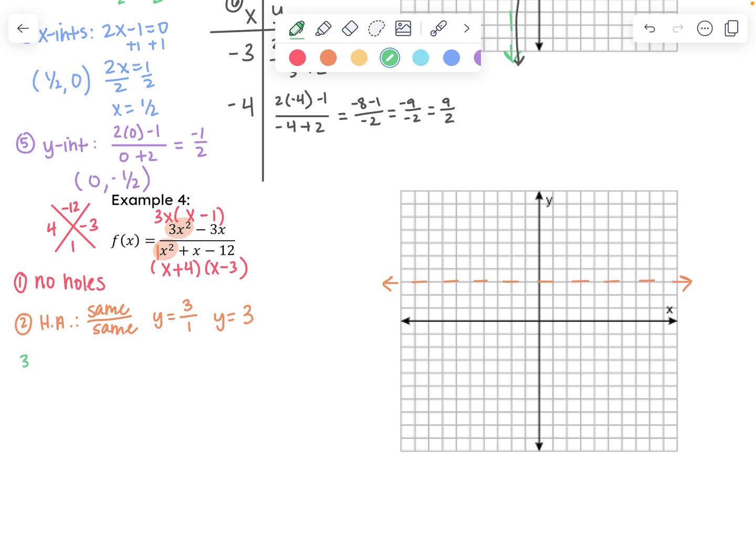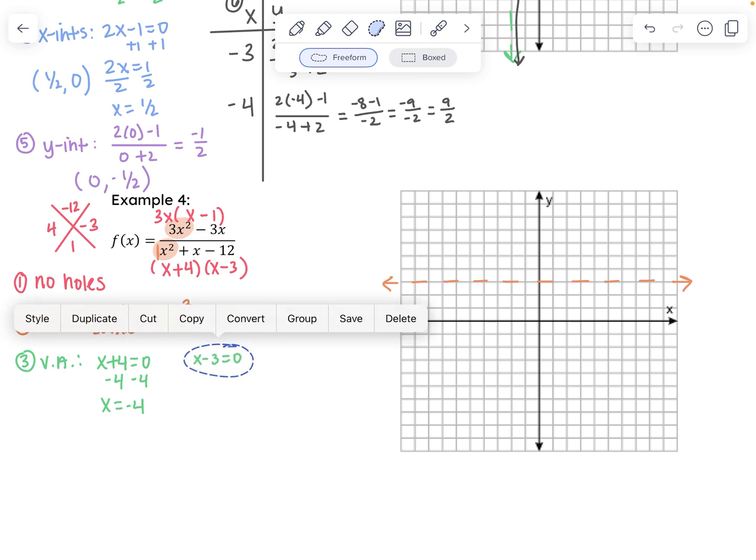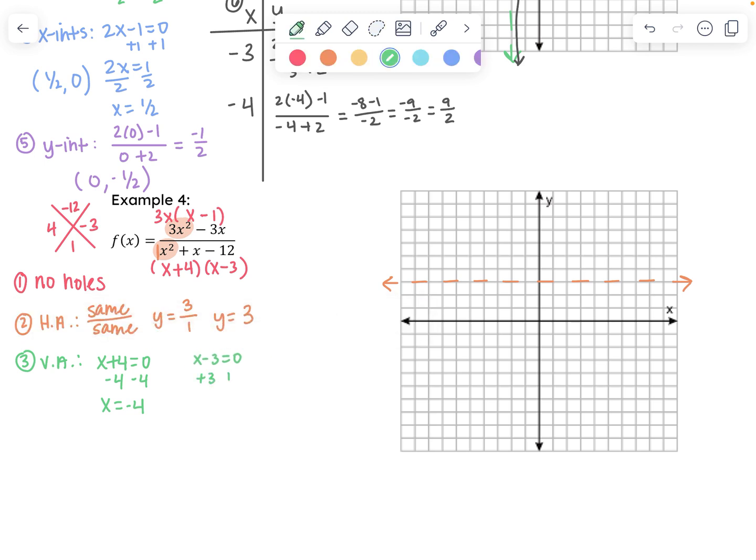For my vertical asymptotes, this time I did say asymptotes because we do have two. I've got x plus 4 that's going to be equal to 0 and x minus 3 that's going to be equal to 0. So I can subtract 4 here and get x equals negative 4. And I can add 3 here and get x equals 3.